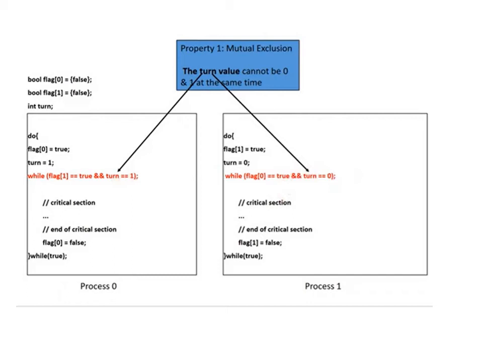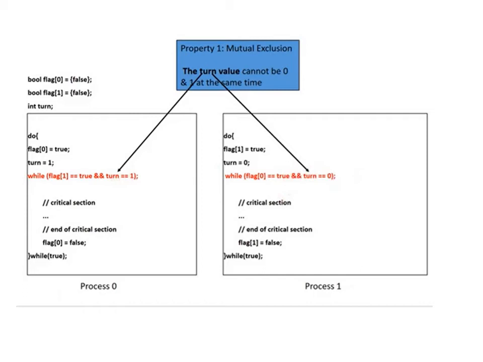So now process 0 enters into the critical section, and at the end of the critical section, again the flag value is set to false and then it exits from the process.